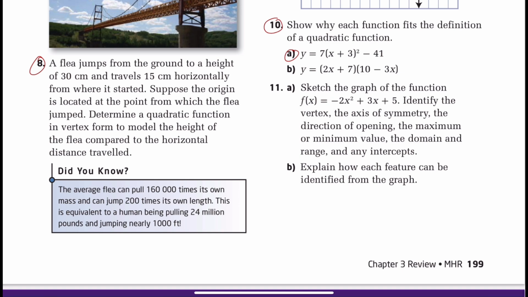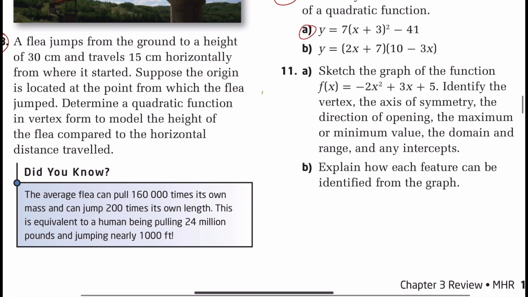So the first thing we need to do is to draw our function. My x-axis will be like this, my y-axis like this. Because they are telling me to suppose the origin, my origin is here, 0, 0, and it is the starting point, where the flea actually starts jumping.